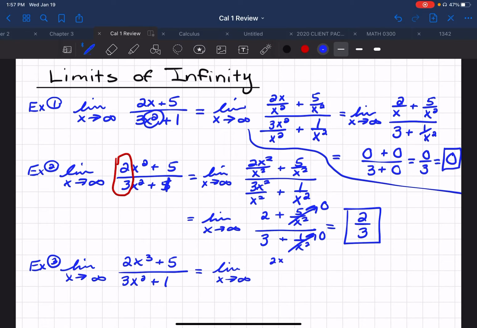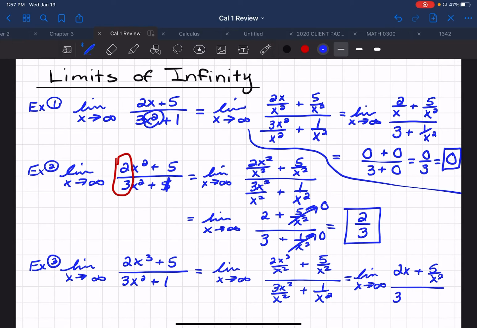We're going to have 2x cubed over x squared plus 5 over x squared, over 3x squared over x squared plus 1 over x squared. And when you simplify, I've got 2x plus 5 over x squared, over 3 plus 1 over x squared.